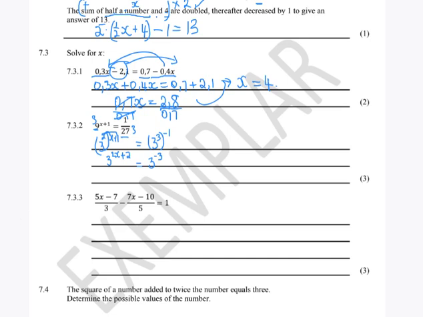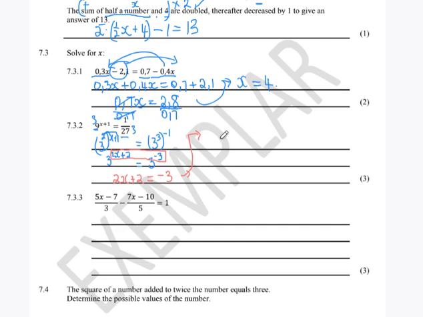Aha! Remember, when the bases are the same, we just take the exponents and equate them. So let's equate these ones. 2x plus 2 equals negative 3. And the 2 will go to the other side because we want to be left with anything with an x.